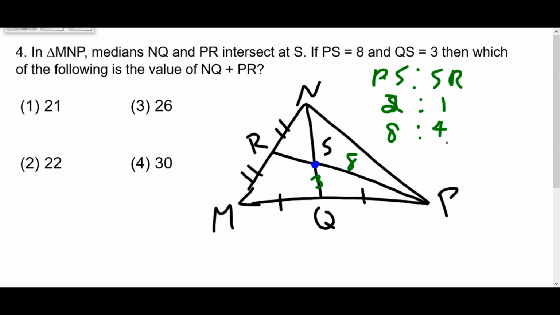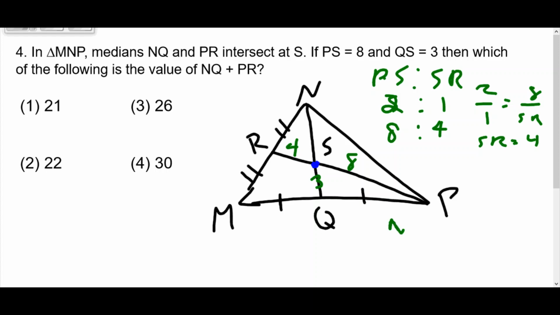If you want to do this, you can draw a proportion: 2 over 1 equals 8 over SR, and SR is equal to 4. And so now we have the parts of PR. Now let's take a look at NQ.